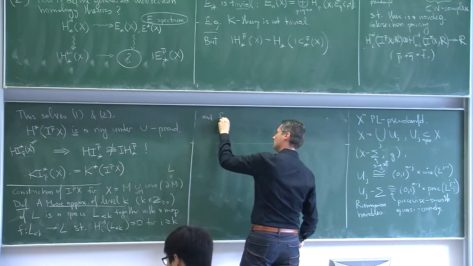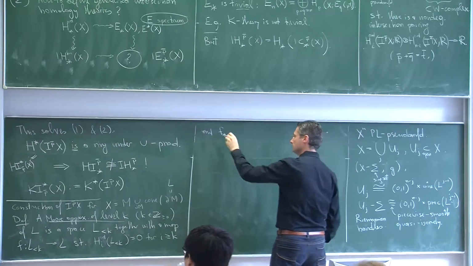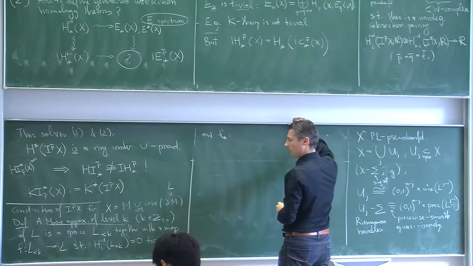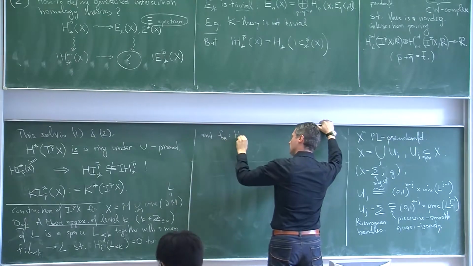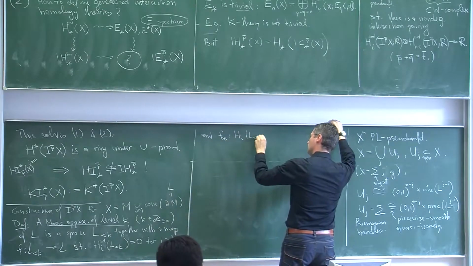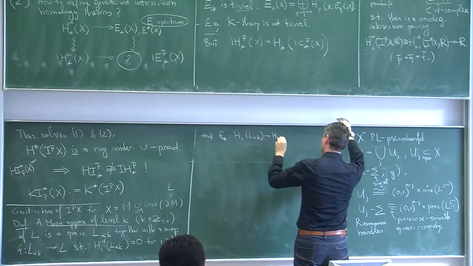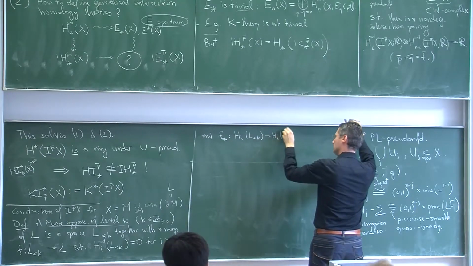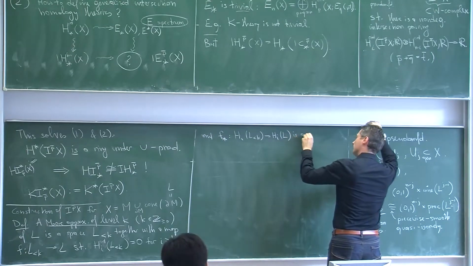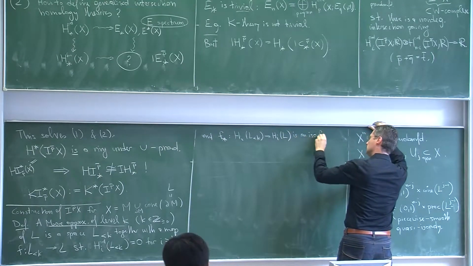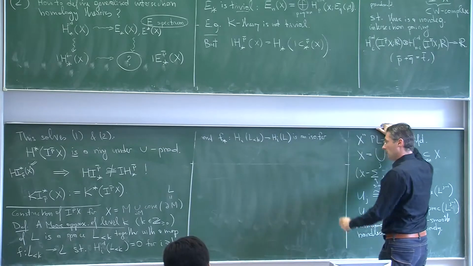F star, Hi of L less k to Hi of L, is an isomorphism when i is less than k.